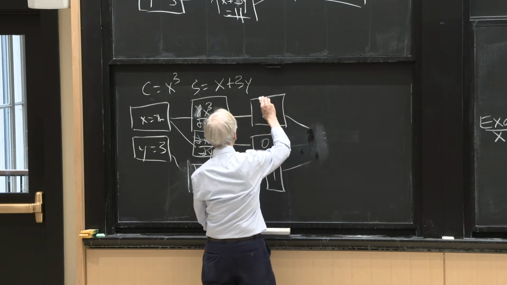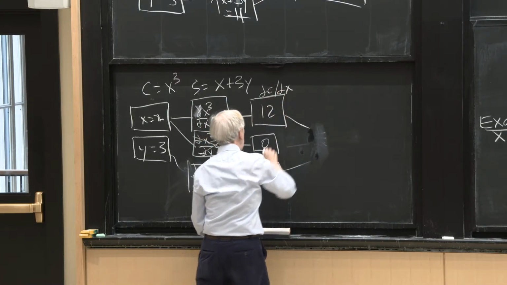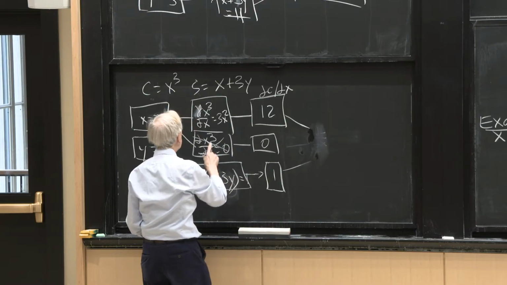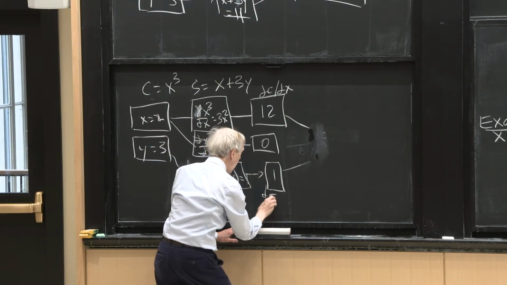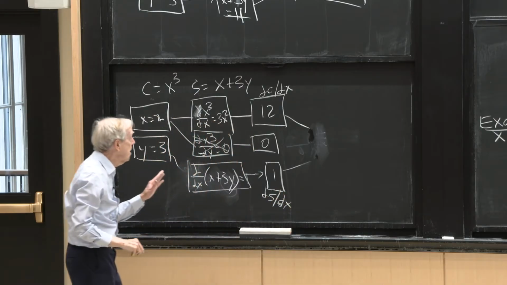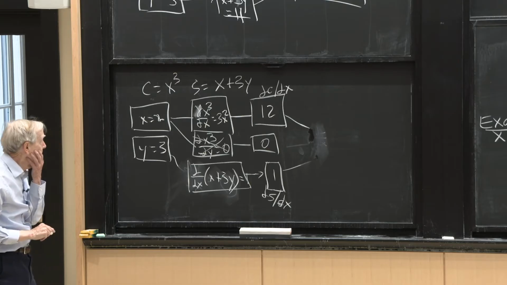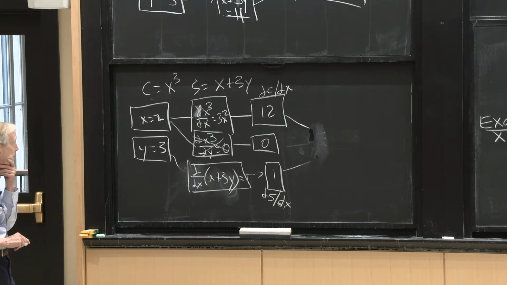This is dc dx, right? This is dc dx. And this one is ds dx. And dc dy, do I need to know that? I'm sorry, this computational graph has thrown me.